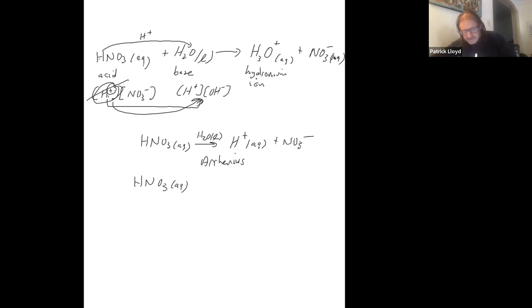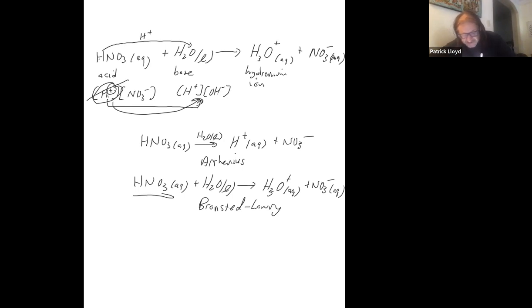HNO3 is actually reacting with the water, donating or transferring the H plus to the water. And there you go. So same process. This is just called Bronsted-Lowry. You'll see that term out there. But it's showing us that this is going to make the water acidic, right? If you have this in water or this, it's going to be acidic. The water will be acidic.